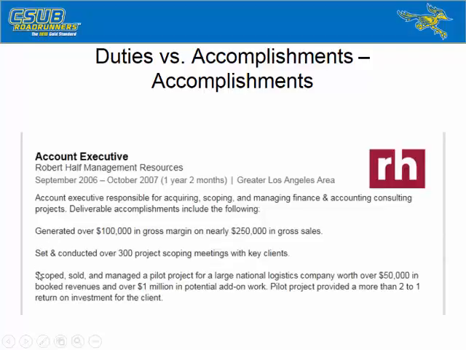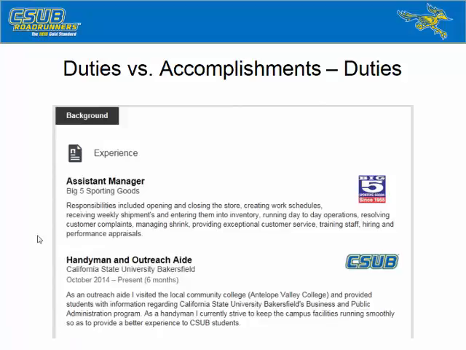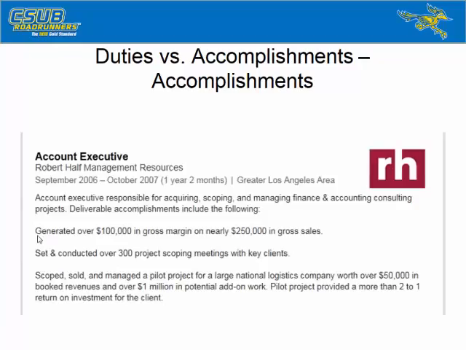And I list a couple of bullet points here, like generated over $100,000 in gross margin. In the case of this student here, deliverable accomplishments might include generated work schedules for 10 different employees, received weekly shipments with approximately $10,000 of inventory value, et cetera, et cetera.